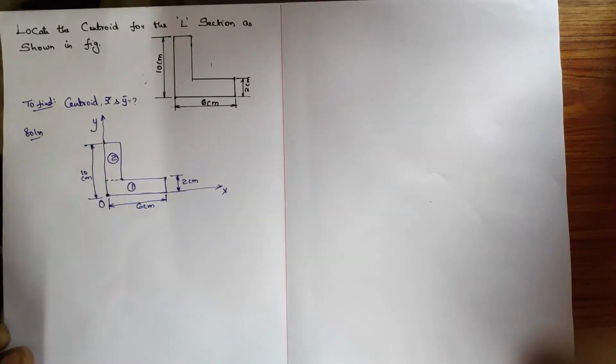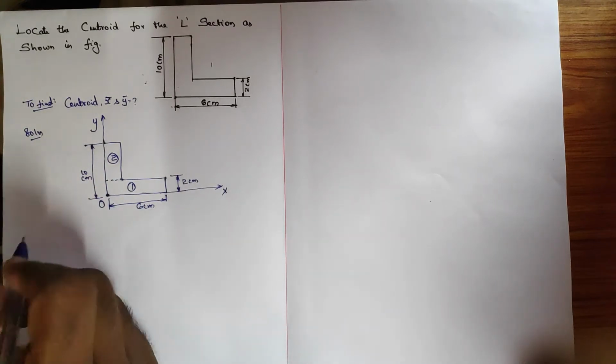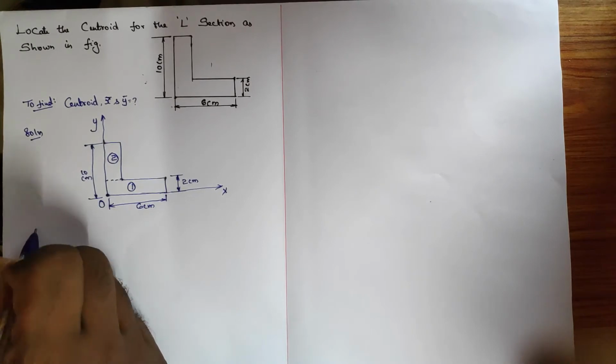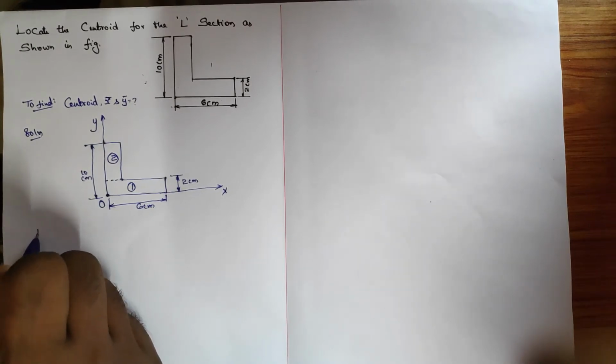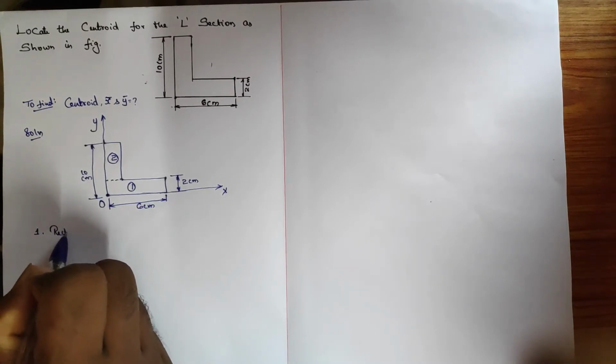Similarly, for the next component, again we need to find the self centroid and the area, right? So first I am going to begin with the first component, component 1, which is a rectangle.